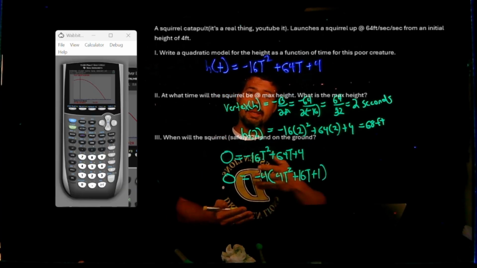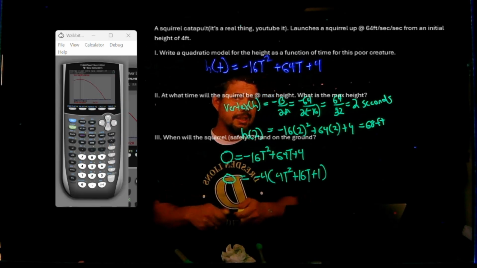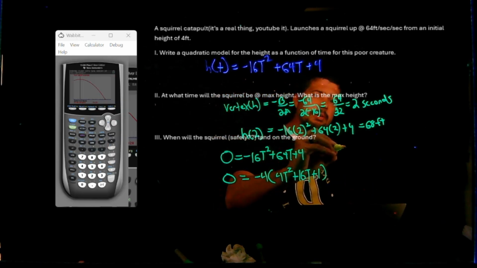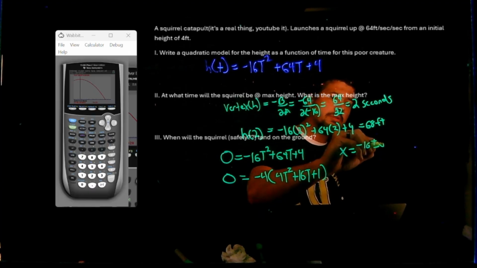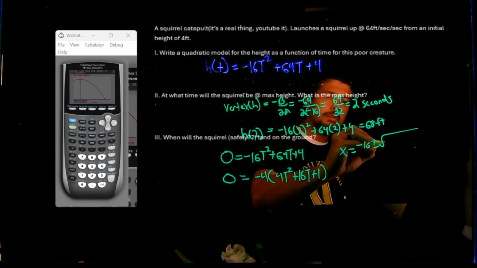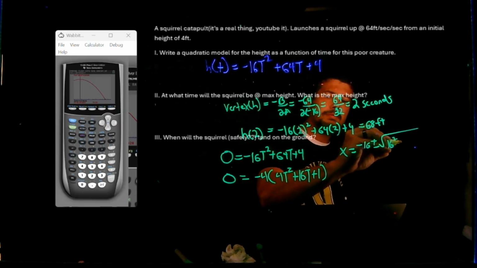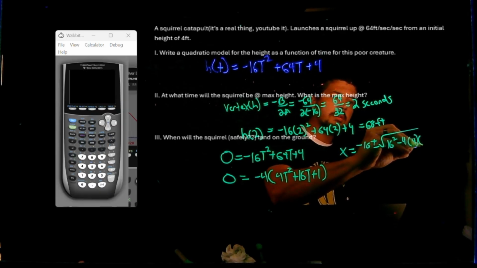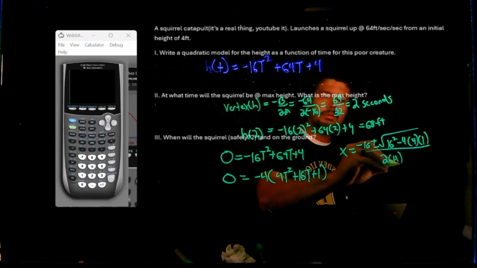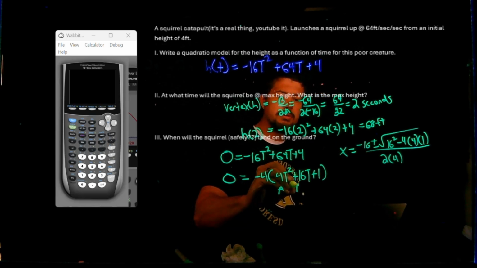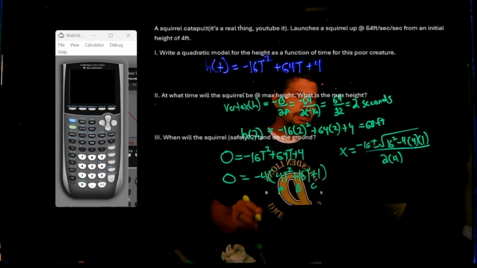But I can pick out a, b, and c, and then I can do the quadratic formula. So it goes x equals negative b plus or minus square root b squared minus 4ac all over 2a. Now, when I did this, this was a, this was b, and this was c.